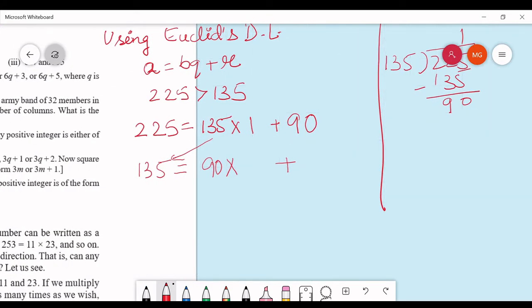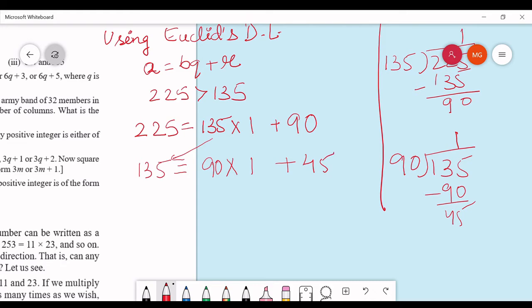Then again, 90 as the divisor, 135 as dividend, and this will again go by 1, right? So 135 minus 90 and you will get 45.